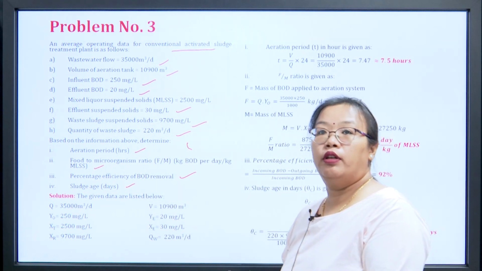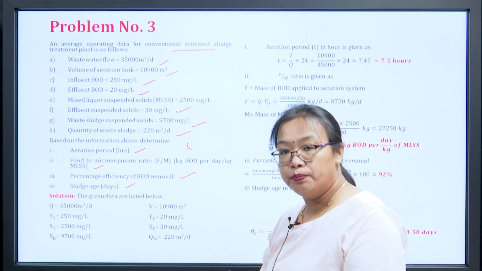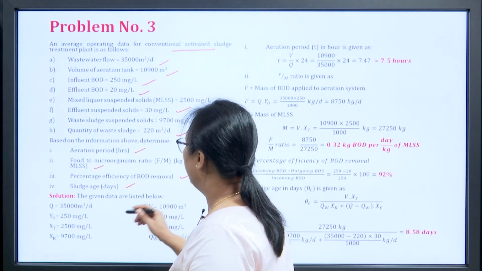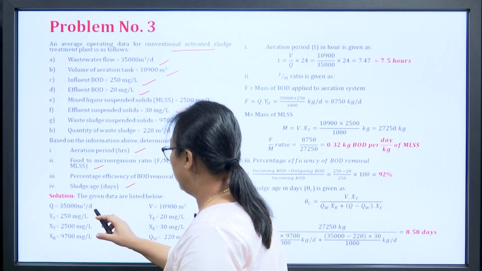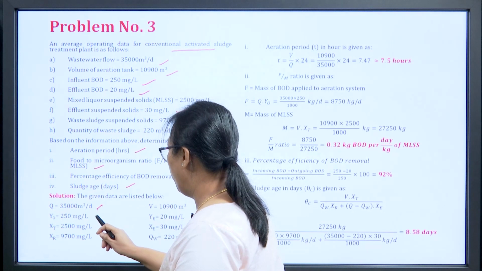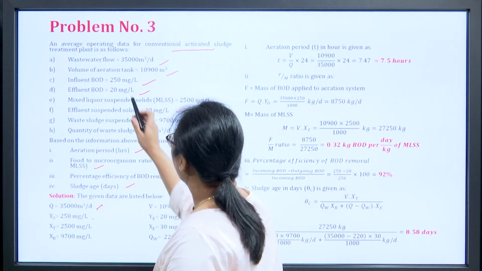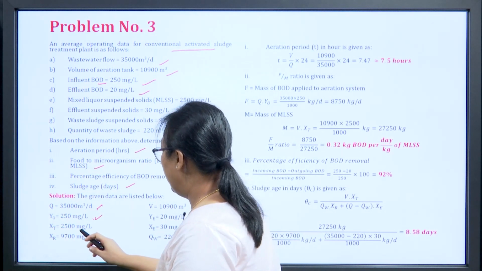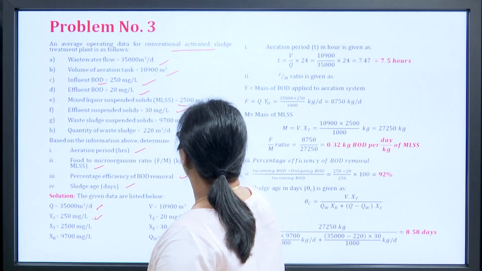The formulas are given. What you have to do is you simply have to put those values. So, the given data here is Q equal to 35,000 meter cube per day, Y naught, that is the BOD here, influent BOD 250 milligrams per liter, XT is MLSS, right, remember.